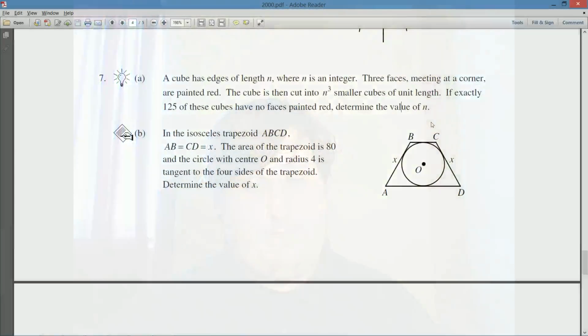We chop the whole thing up, and then we find we have 125 cubes that have no faces whatsoever painted red. Where are these cubes located on the cube? Can we count them all in a meaningful way that relates back to the value of n? Because we're trying to determine the value of n. So it's a spatial reasoning question.